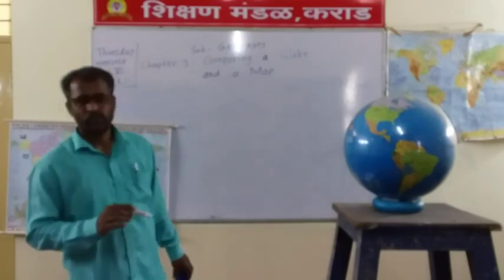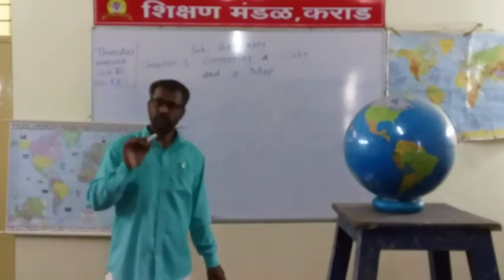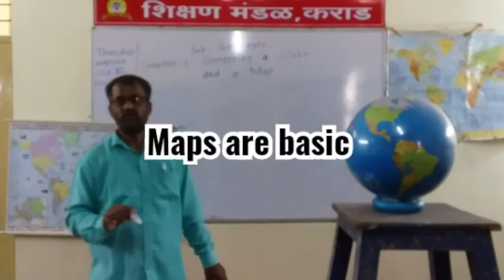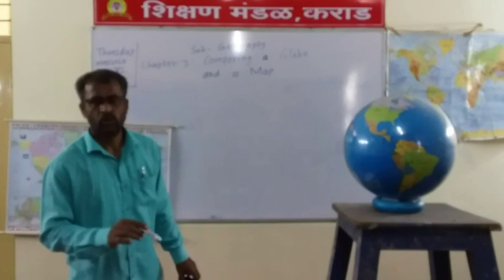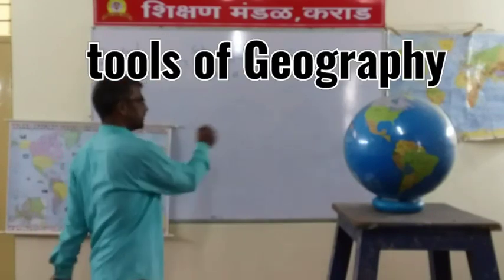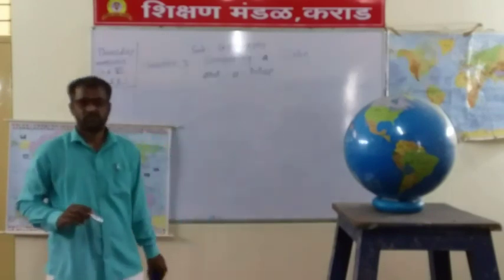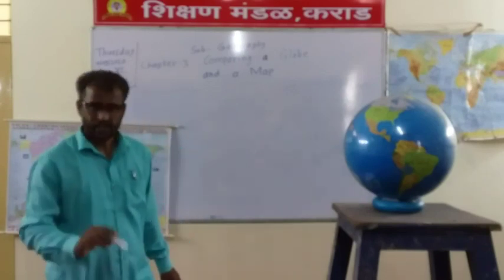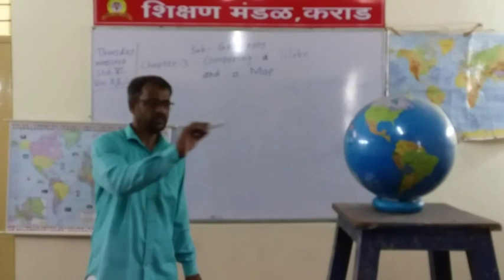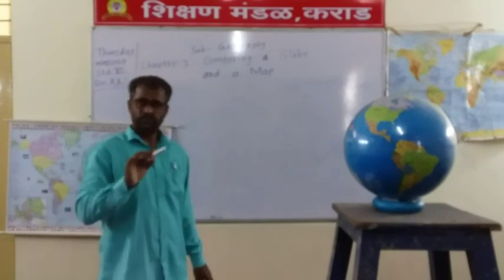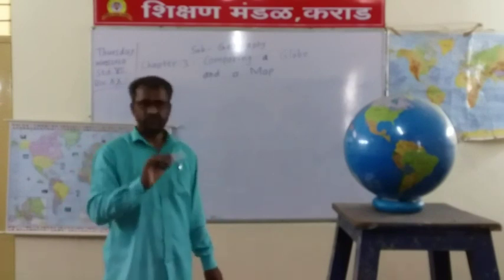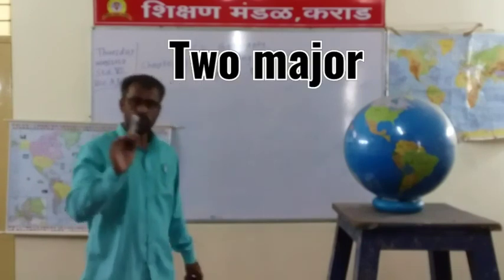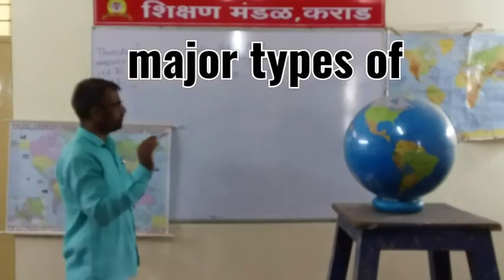And now we are going to discuss one more important device, which is a basic tool of geography, called a map. What is a map? A diagrammatic representation of an area of land or sea showing physical features, rivers, roads, etc. There are two major types of maps.